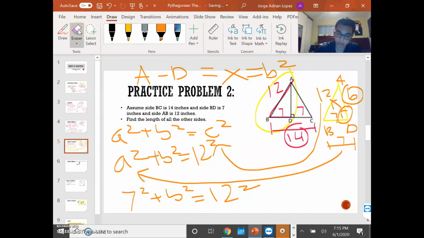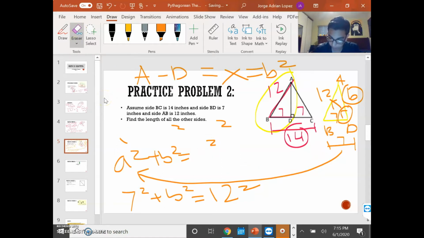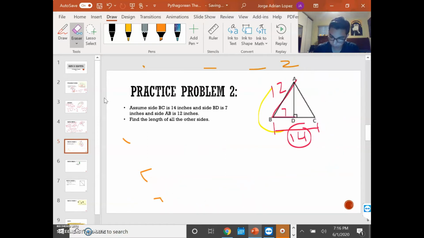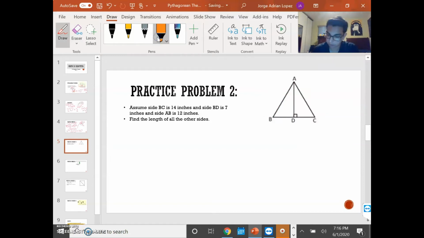Let's figure out the problem. But let me just give myself more room. And I'm actually going to redraw the triangle too. That looks cleaner.